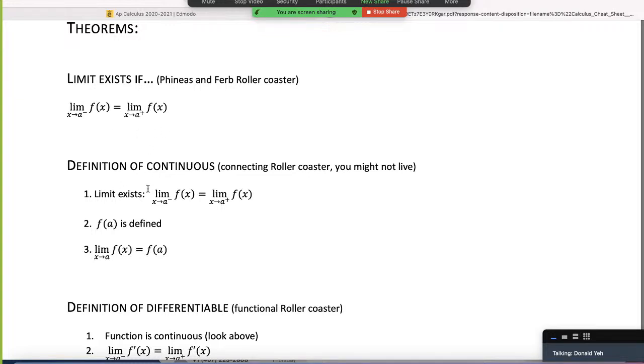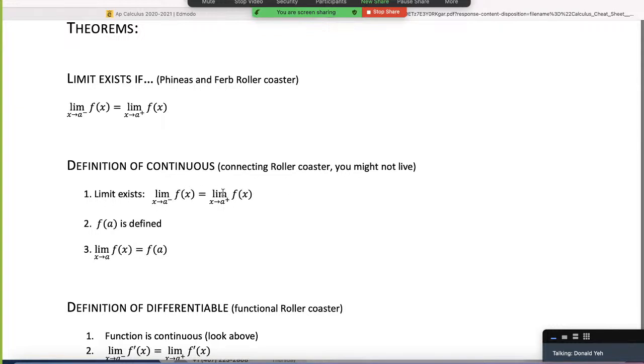But the next stage is the definition of continuous, because you connect the roller coaster. But if it connects, it doesn't mean it's a function you can ride. I can have a right angle connected, but you don't have a roller coaster with a right angle on it. So that's not good. They have to be differentiable from both sides.